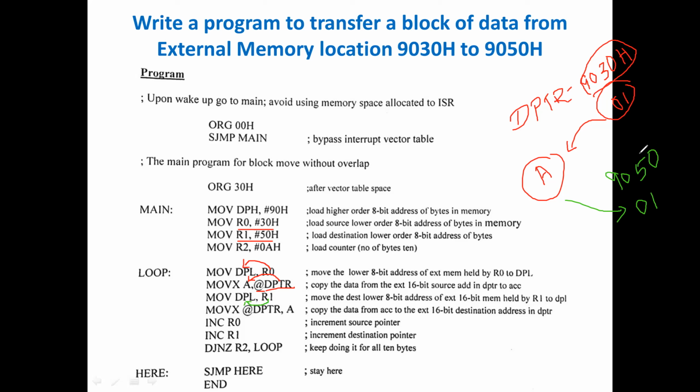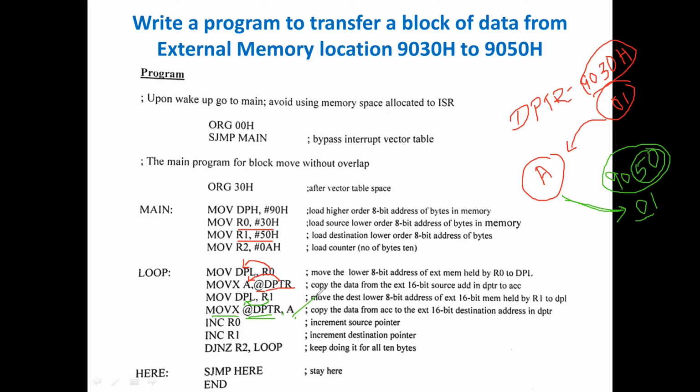Now DPL will be 50H. So MOVX @DPTR, A. Whatever the data in the accumulator will be moved to @DPTR, in the sense 9050H. What is at the particular address, 01, is moved.